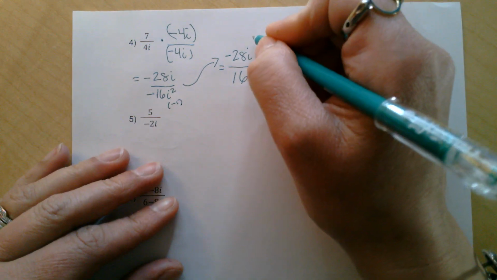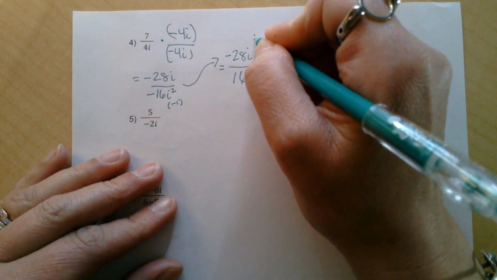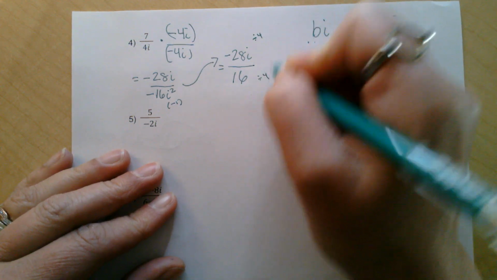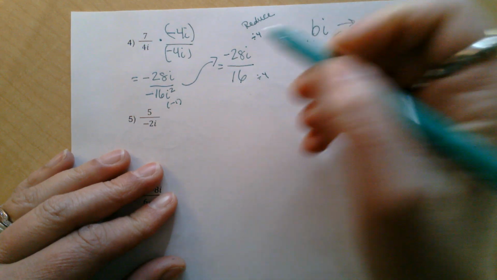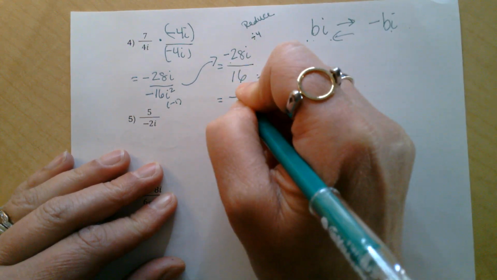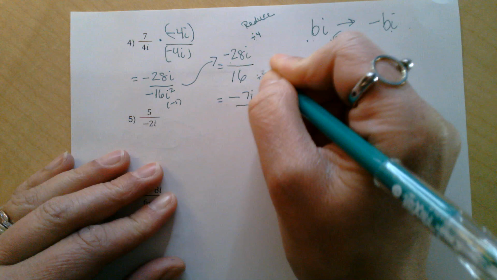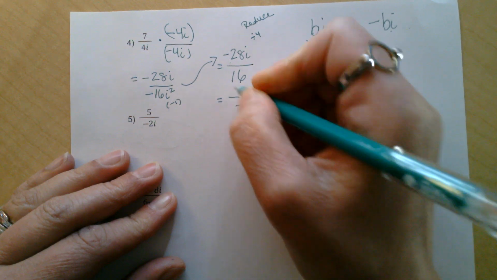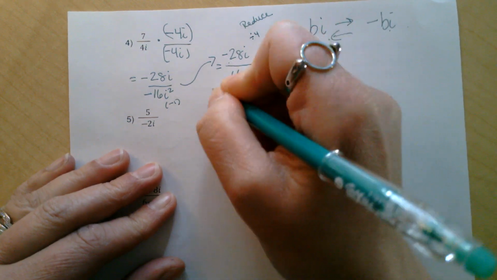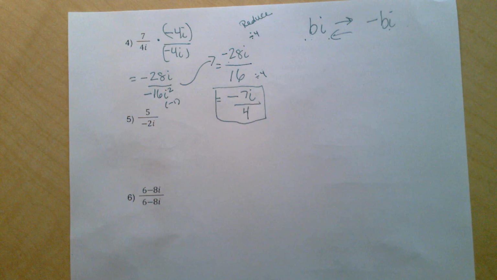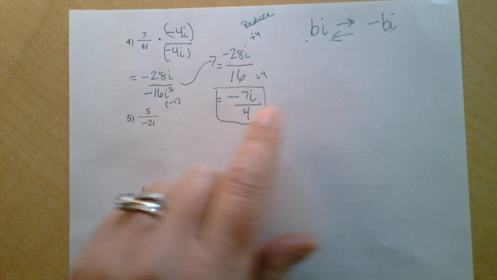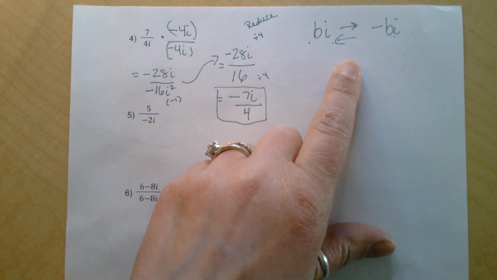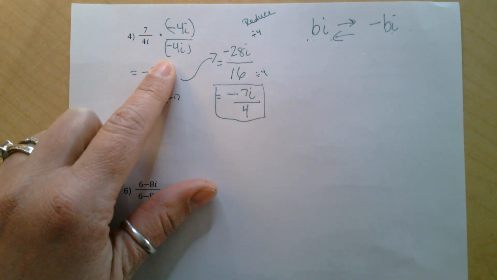Yes, I can divide both 28 and 16 by 4. So I can reduce the fraction by 4. So negative 28 divided by 4 is negative 7i. 16 divided by 4 is 4. And my final reduced answer is negative 7i divided by 4. So notice I have no i in the denominator. That's the reason why we need to multiply by the conjugate. And we did that here.